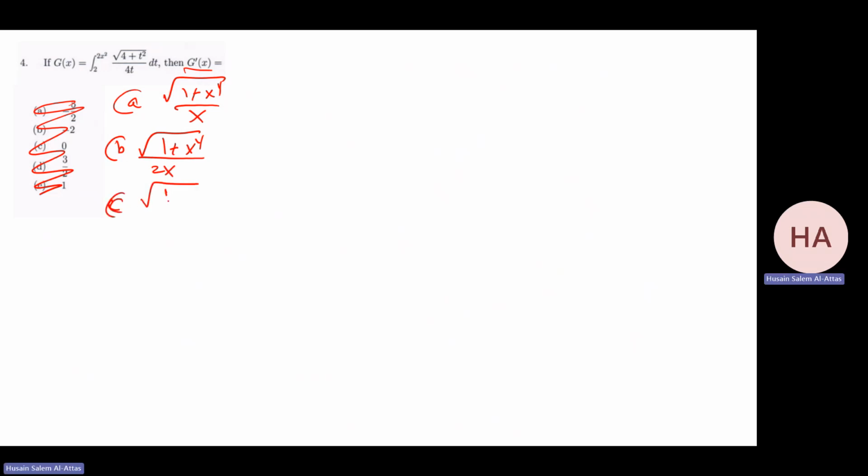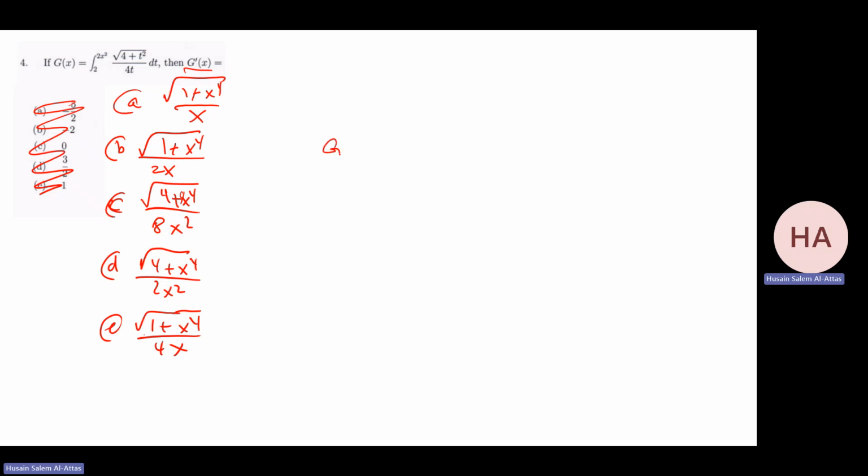C: square root of 1 plus x to the power 4 over 8x squared. D: square root of 4 plus x to the power 4 over 2x squared. E: 1 plus x to the power 4 over 4x. Okay, it's an easy one, but sorry, my copy paste did not come out correctly.